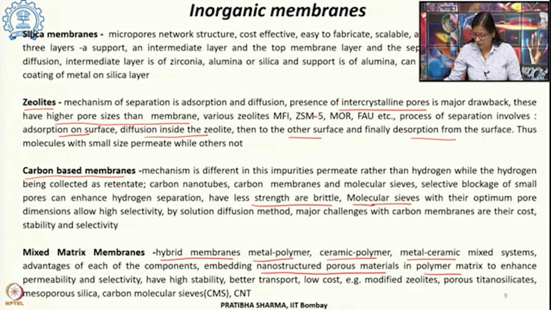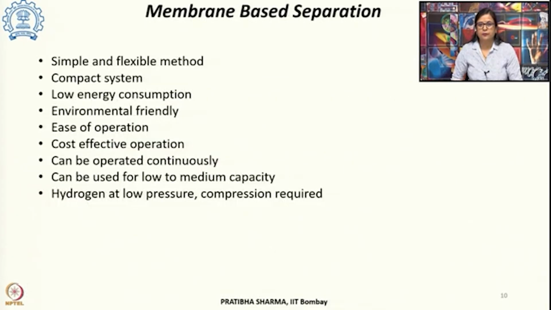The other examples could be modified zeolites, porous titanosilicate, mesoporous silica, carbon molecular sieves, carbon nanotubes. Now with this membrane based separation method, the system involved is simple, flexible, quite compact, requires less energy, is environmentally friendly, very easy to operate, and cost effective in operation.